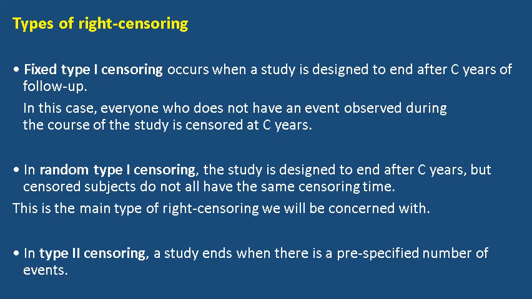In this case, everyone who does not have an event observed during the course of study is censored at C years. We are telling we will continue the research for 3 years. At the end of 3 years, whoever didn't get the outcome, whoever didn't get the event, will be automatically censored.